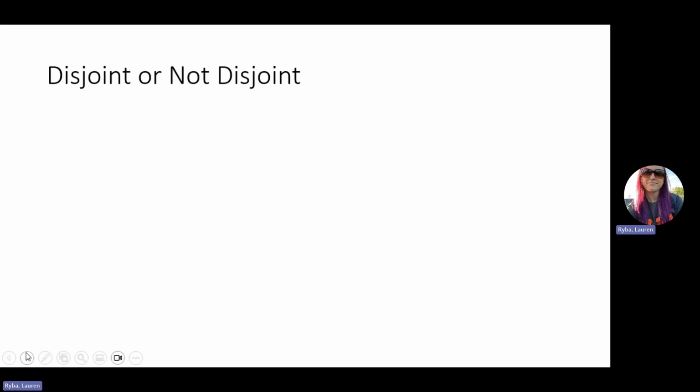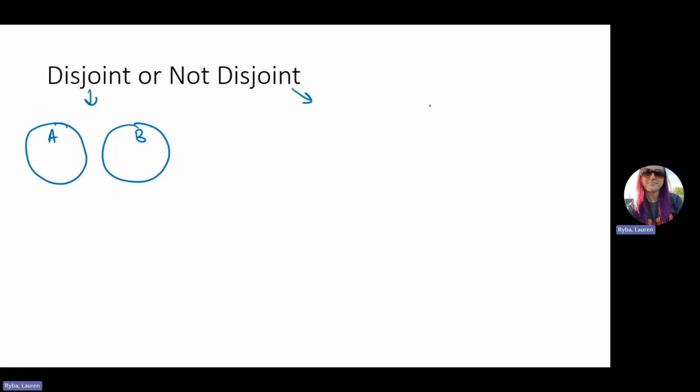And we have kind of talked about these already. We've talked about whether we have sets with overlap. So we're just going to kind of review them again. So disjoint means that whatever 2 sets you're working with, they are completely separate from each other.